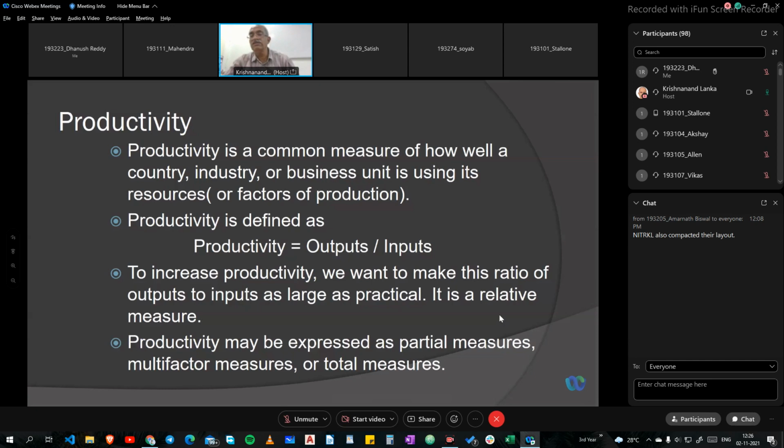Sometimes it is very difficult to measure scientifically, because there are so many other factors, tangible and intangible. With respect to even per capita GDP, there is a criticism that it doesn't take into account the psychological pressure people might be facing to achieve a given amount of per capita GDP.